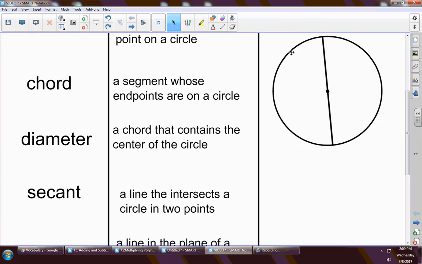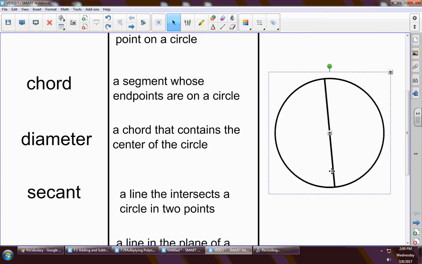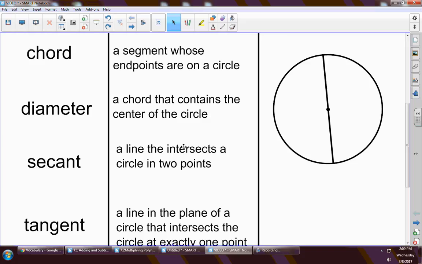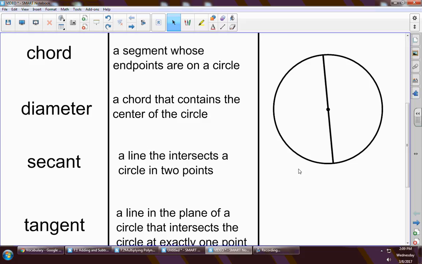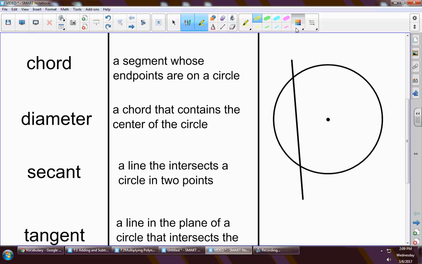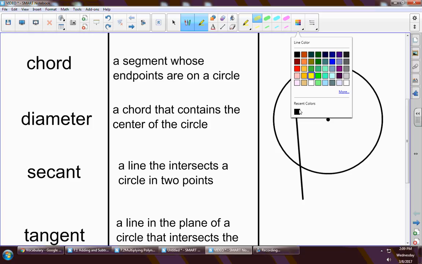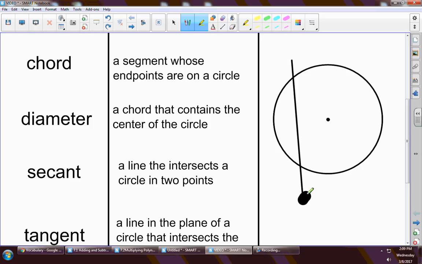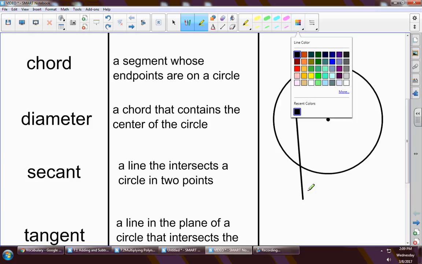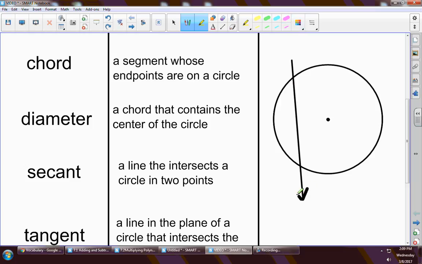All right, let's do a secant. It's a line, not a segment, a line that intersects a circle in 2 points. All right, so we can extend this out and make sure it's got your arrows on both sides. And as long as it's a line with arrows on both sides, that's your secant.